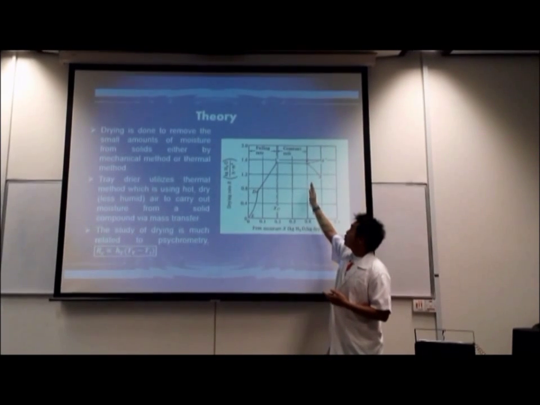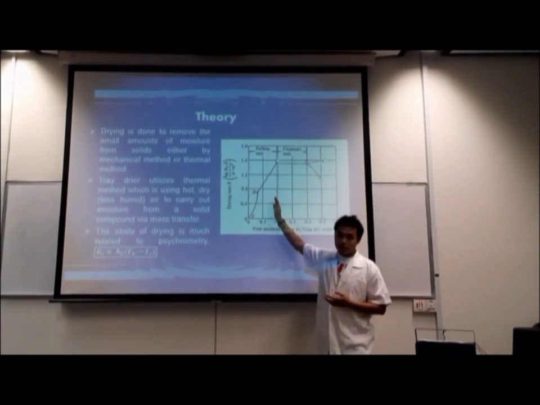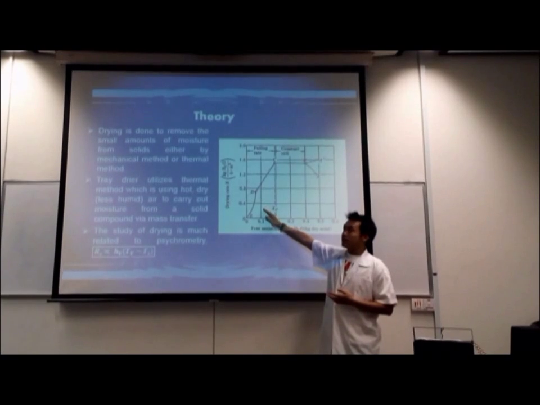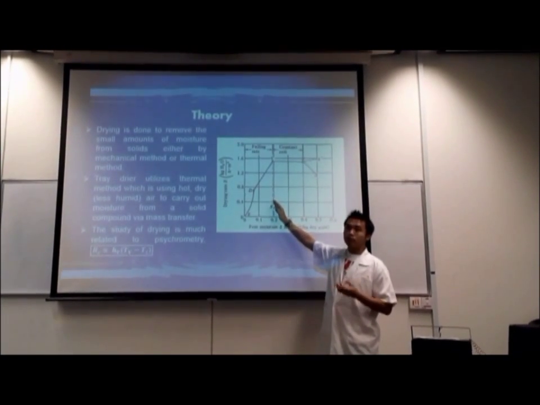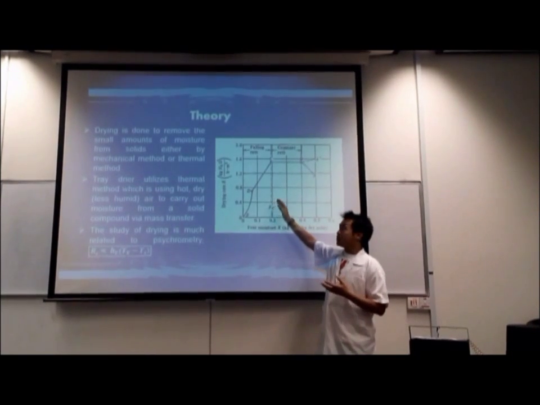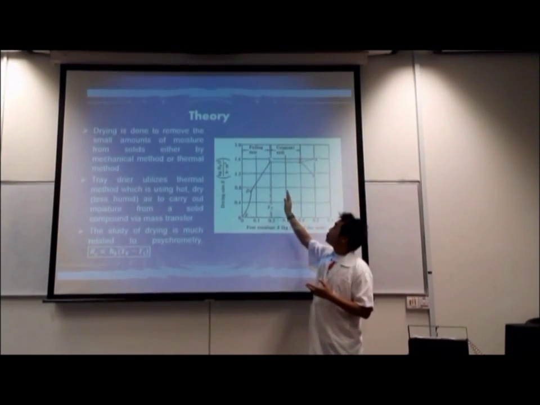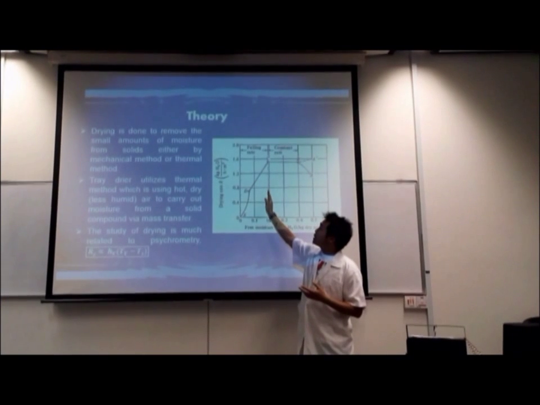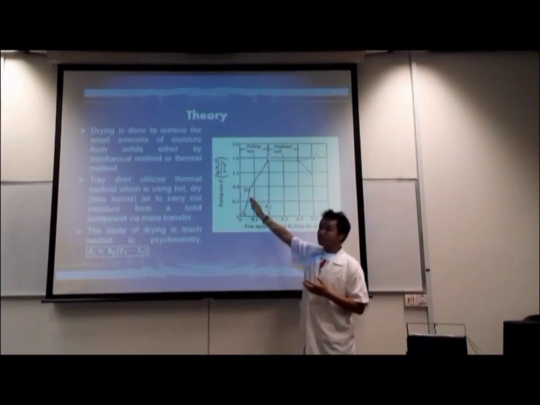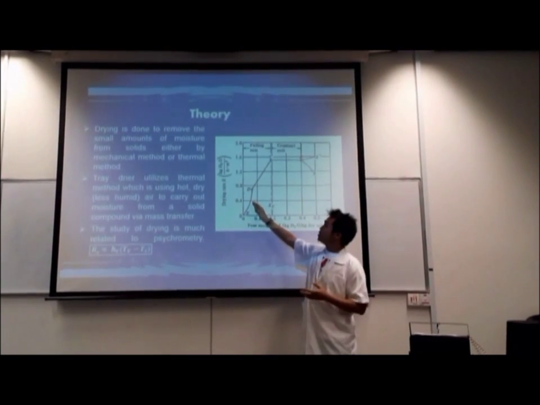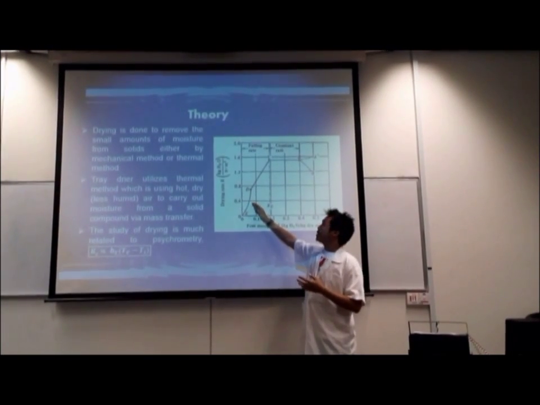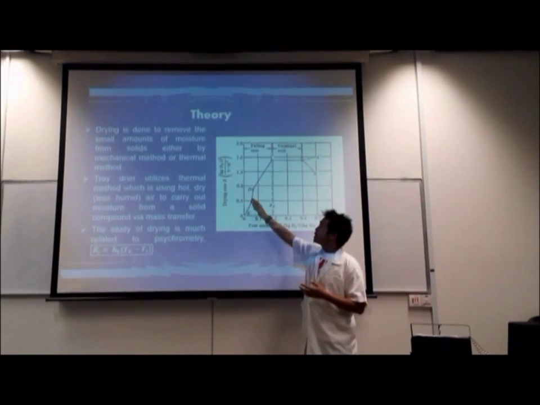Moving on to B to C, which is the constant drying rate, whereby there is enough moisture to keep the drying at a constant rate. C to D is the first falling rate, whereby there is not enough moisture to sustain a constant drying rate. And then D to E is the second falling rate.